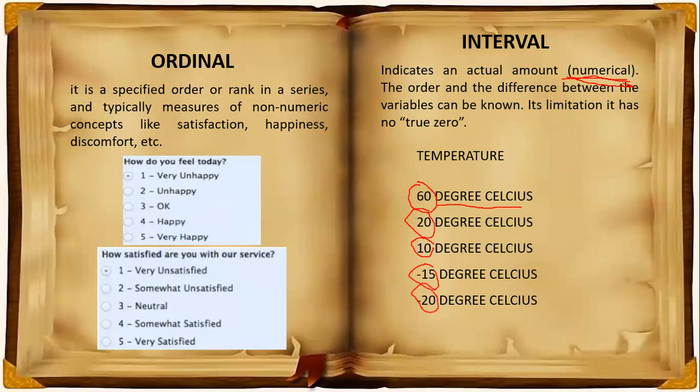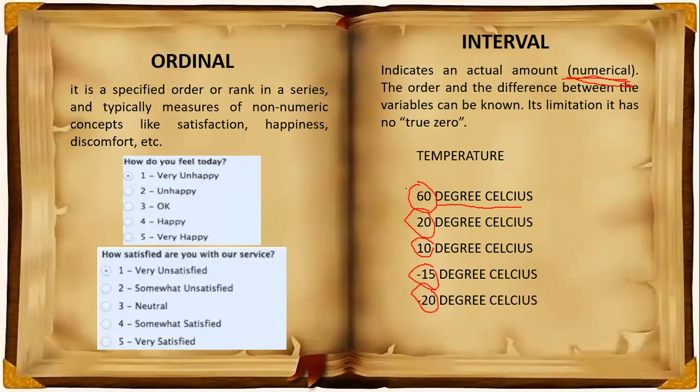Now, next, usa sa mga na-emphasize sa definition sa atong interval class, the order and the difference between the variables can be known. So meaning class, kung atong hatagon og panahon nga kuwaon ang ilahang difference sa tagsa-tagsa, mahibaw-an gyud nato.